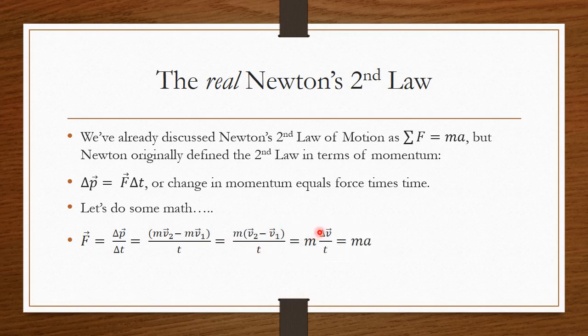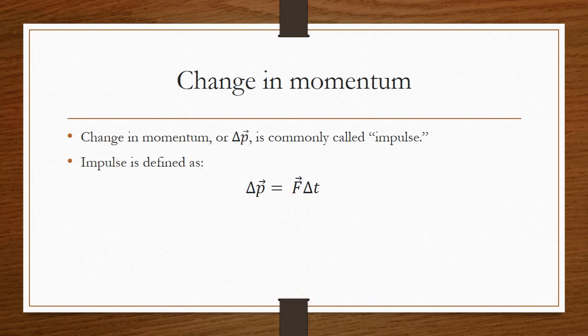Then v minus v is really just the change in velocity over time, which is the same thing as acceleration. So this over here, delta p over delta t, is really the same thing as ma. Change of momentum, or delta p, is commonly called impulse, and is defined as force times the change in time.